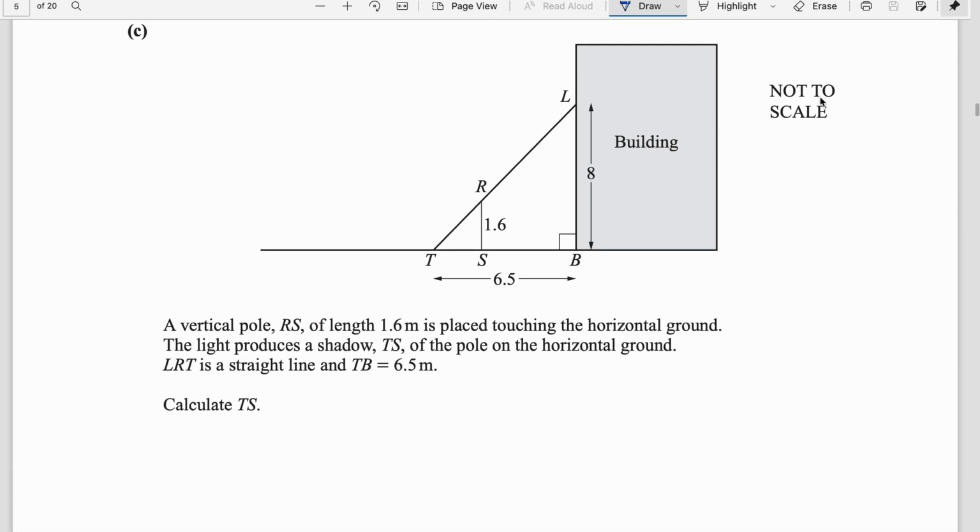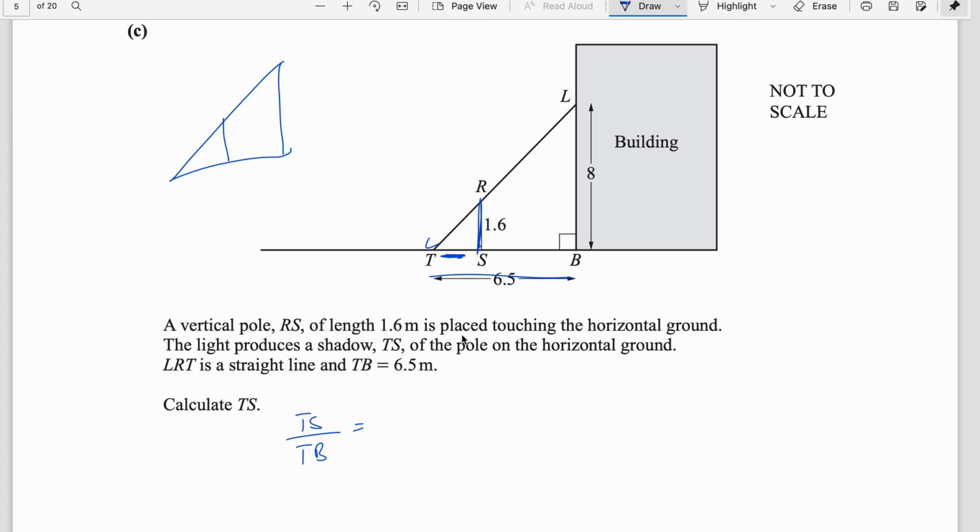C part. A vertical pole RS of length 1.6 meters is placed touching the horizontal ground. The light produces a shadow TS. This is the shadow, this is 1.6, and light is coming from this point. TB is 6.5. Calculate TS. So this question is basically from similarity and congruency. So we just compare these two triangles and we say TS corresponds to TB.